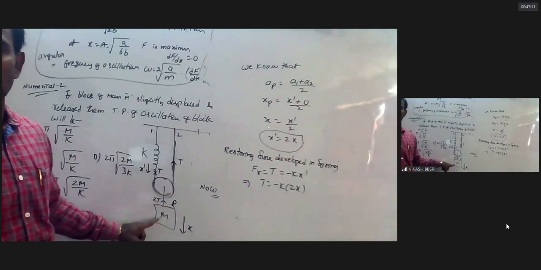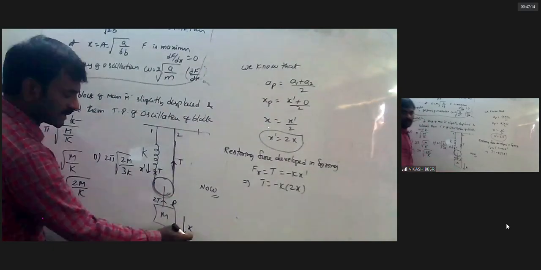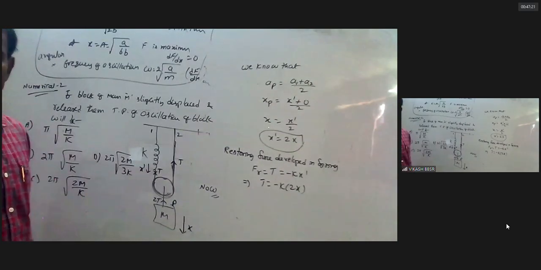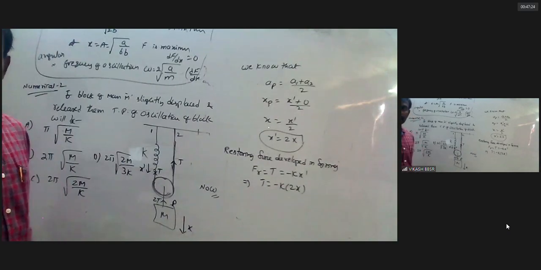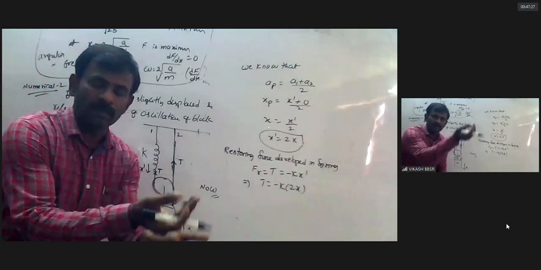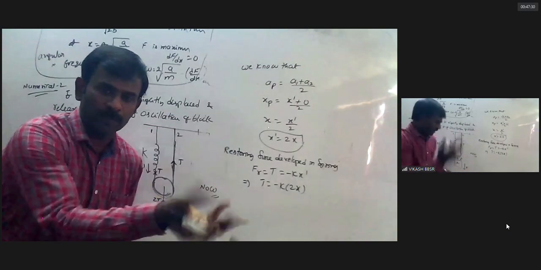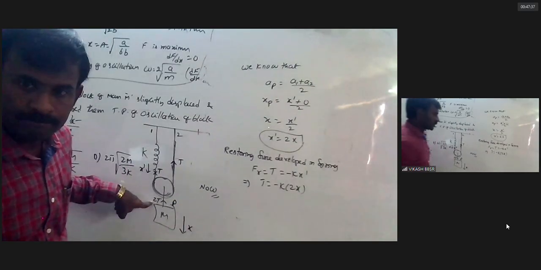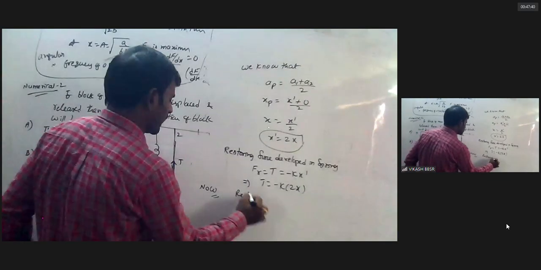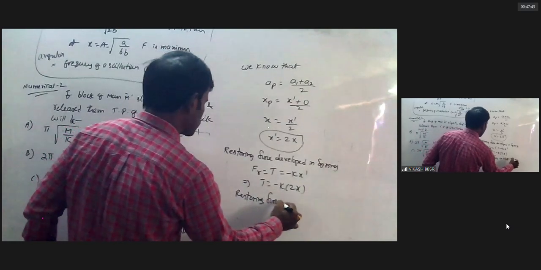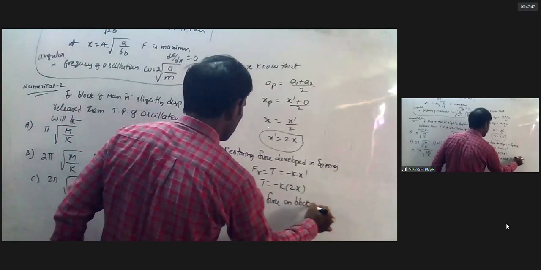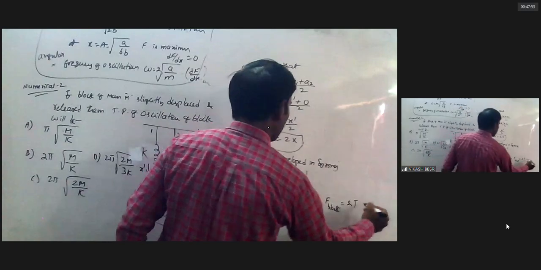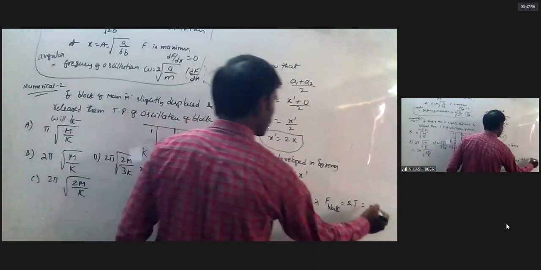Now you see, what is the restoring force on the block? The block is moving downward by x. Initially it is in equilibrium with Mg. When you pull it down, it moves up due to 2T. So the restoring force on the block is F equals 2T, which is minus 4K into x.